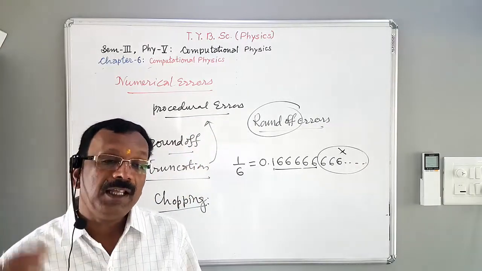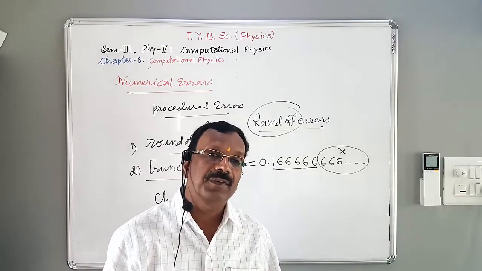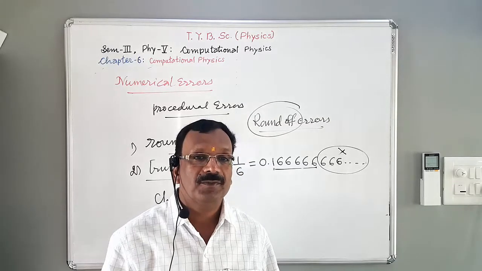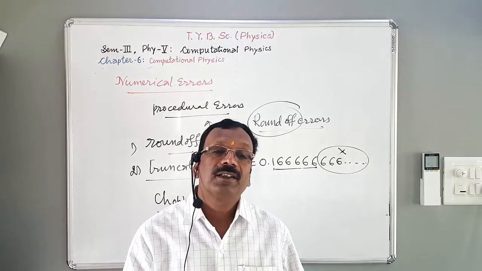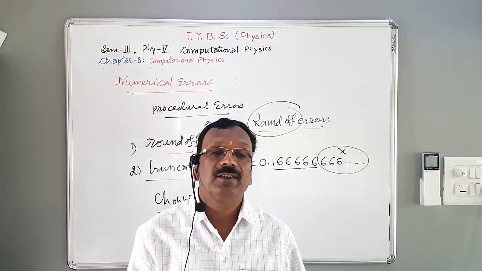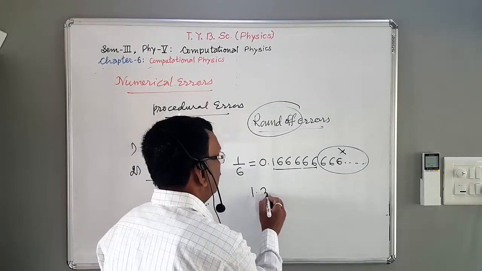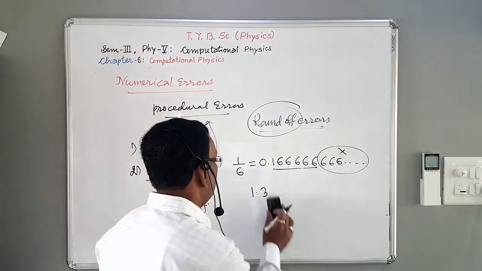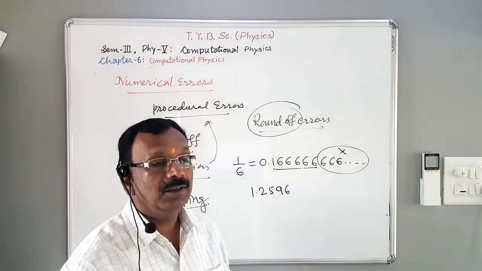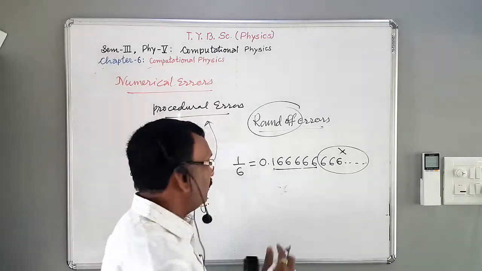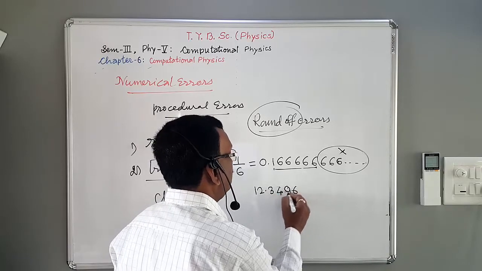Suppose we are using a computer with a fixed word length of 4 digits. Then the number 12.123496 is the number.